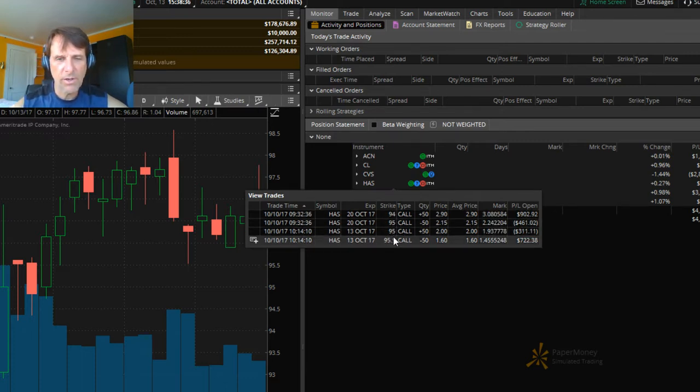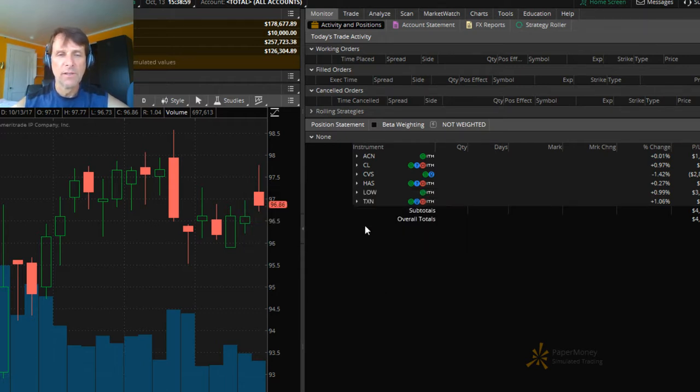We have this week's spread, which is today. See here, Hasbro 13th, which is today, and the 17th is next Friday. So next Friday is 94.95. We're well into that one, and today's 95, 95.5. We're into that one also. I mean, it's 96.80, so we're way in that one. So only one of these positions is going to expire, and that one's going to carry on to next week.